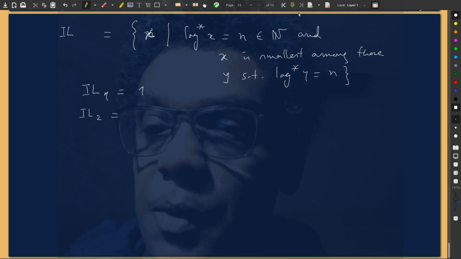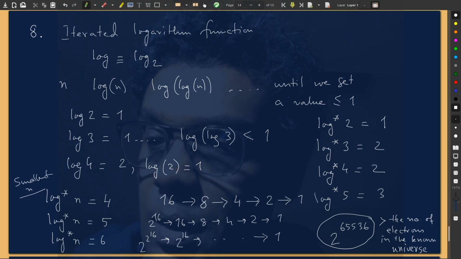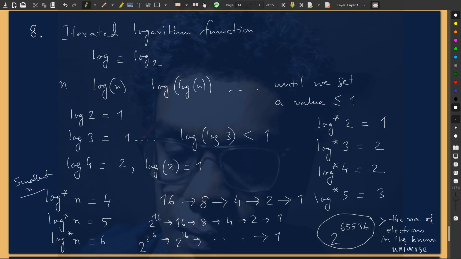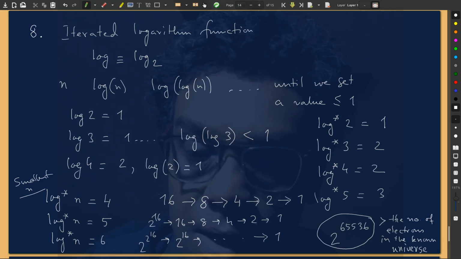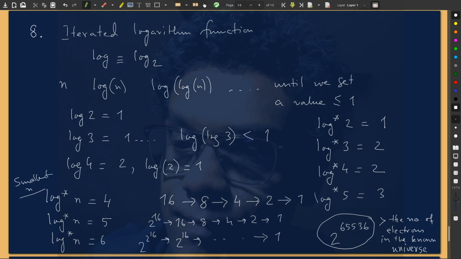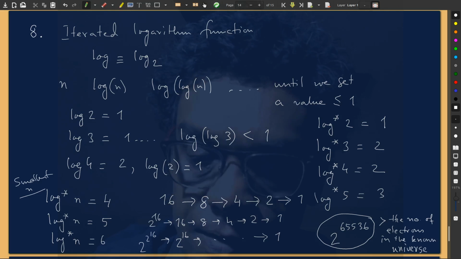Let me go to the previous page. Log star 4 is 2. Log star 5 is 3.